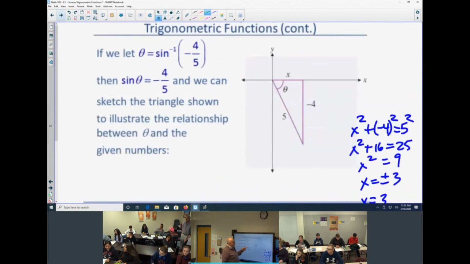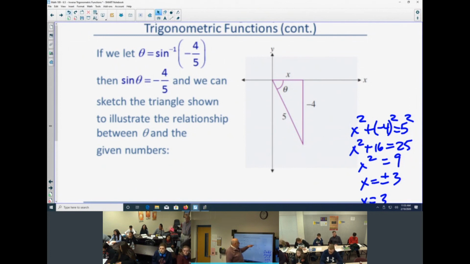Here we draw a triangle with a sine of negative 4/5, so that would be the opposite over the hypotenuse. We have this triangle coming down. Why don't we have it going up? Because then it would be a positive 4 going up. If we need a negative for the length of our opposite side, just draw your triangle going down.